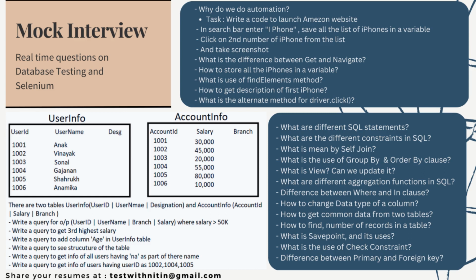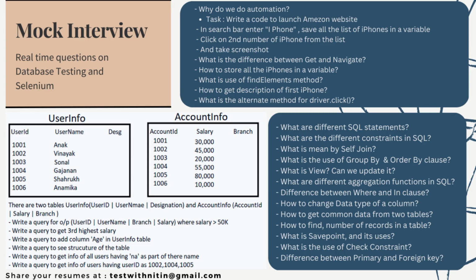Okay. Now let us say in the account info table we are having 5 records and 5 salaries: 30,000, 45,000, 20,000, 55,000, and 80,000. Yes, sir. Okay.